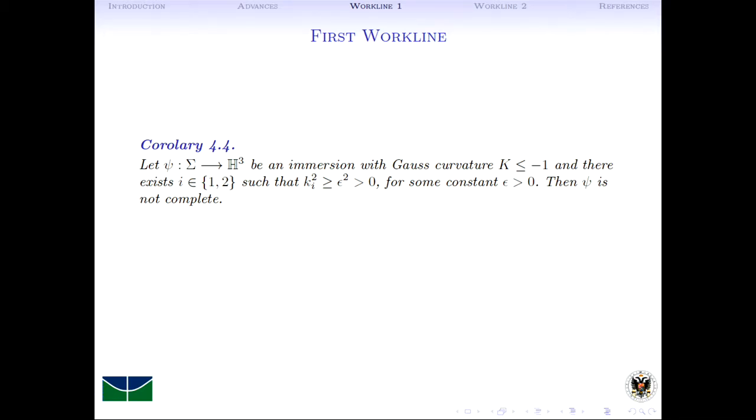In the first place, if we take an immersion with the natural assumption for the curvature, implying the Gauss equation of this ambient space form, such that one of the principal curvatures is uniformly far away from zero, then the immersion is not complete.